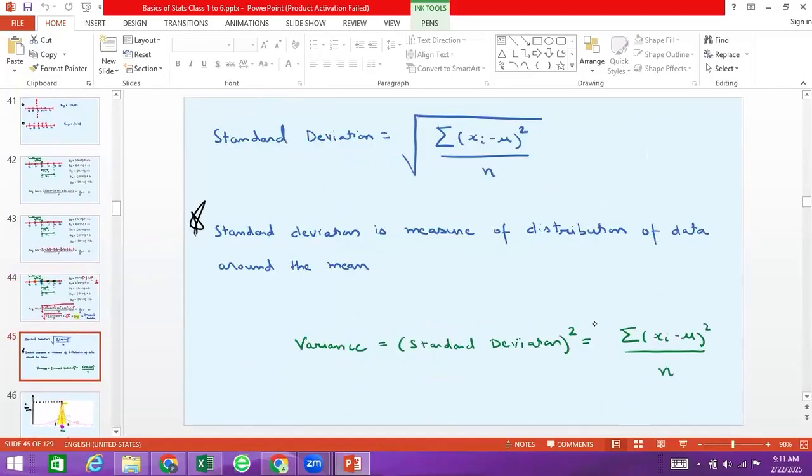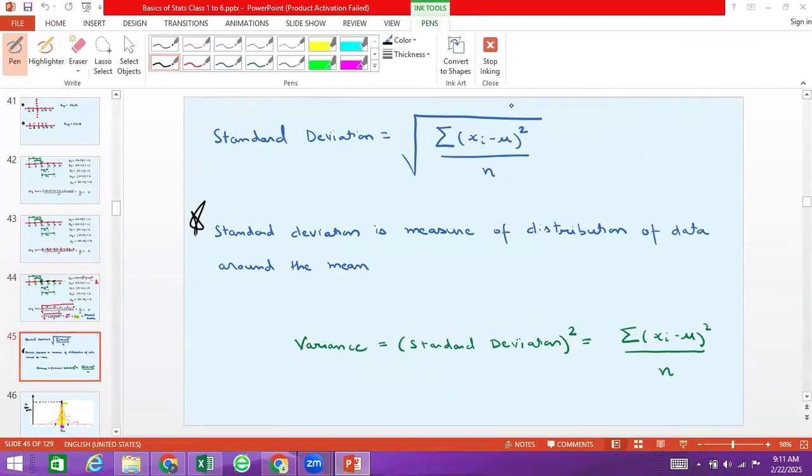Okay. The generic formula of standard deviation is the square root of the sum of (xi minus mu) squared, divided by n. What is xi? Xi is the point. What is mu? Mu is the mean. N is nothing but the number of values. Okay, so I'll just write it here.